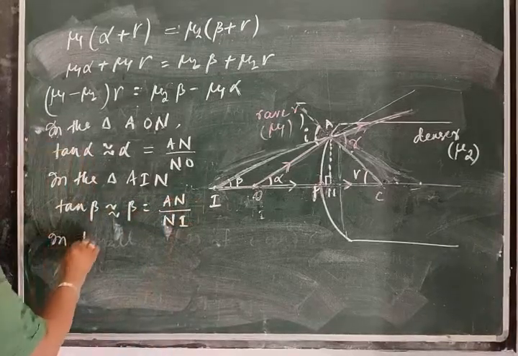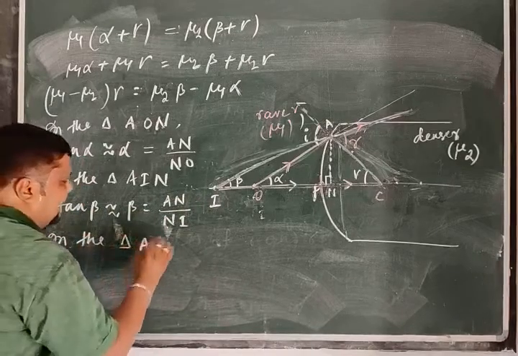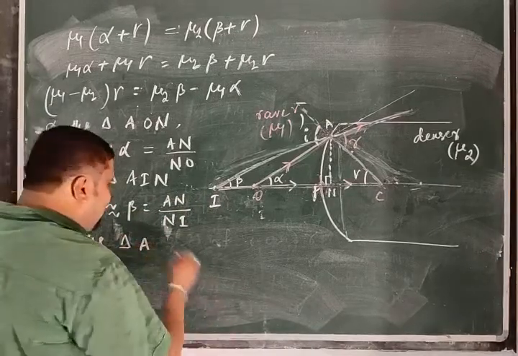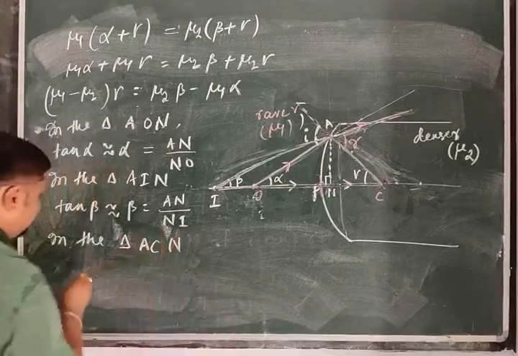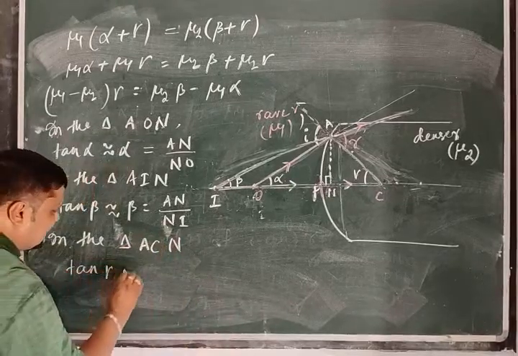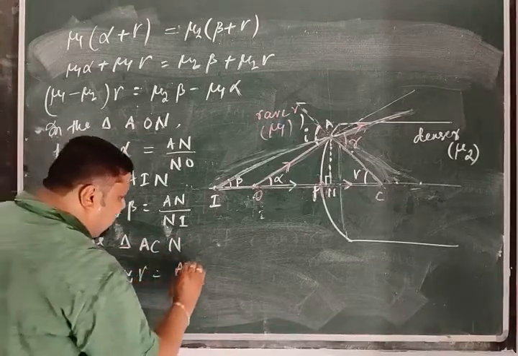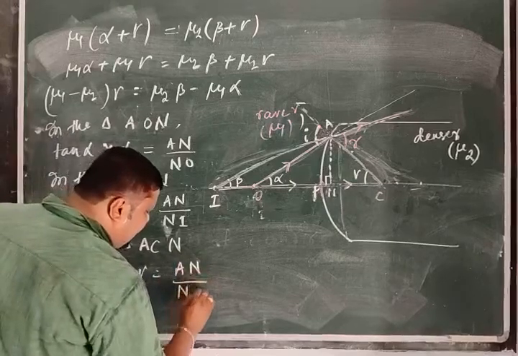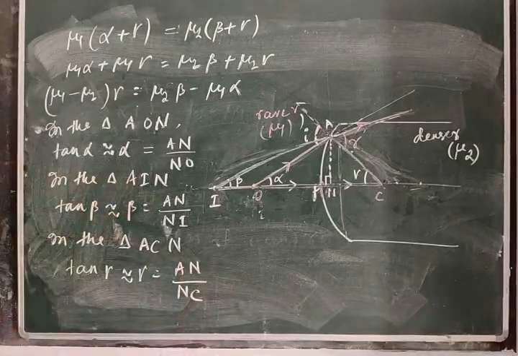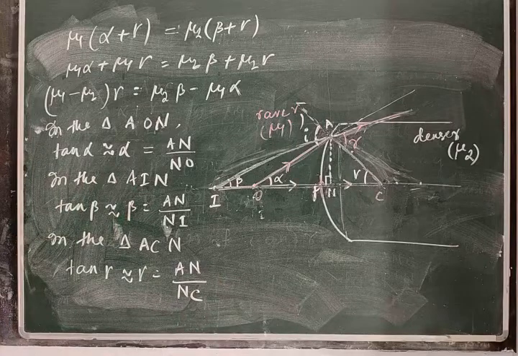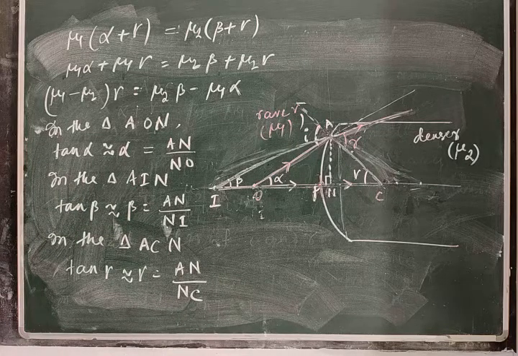In the triangle ACN, gamma is equal to AN by NC. Clear?